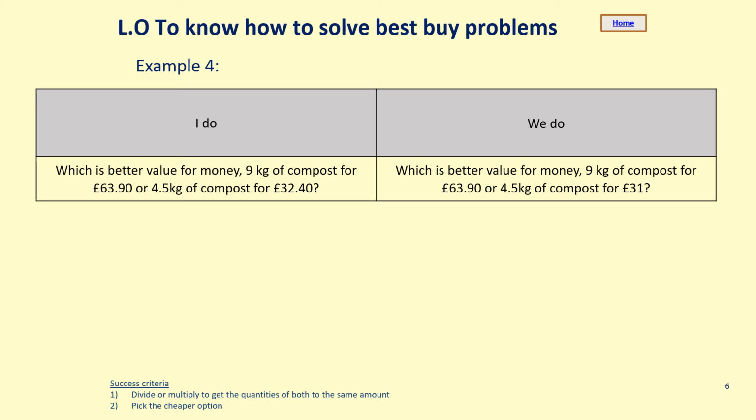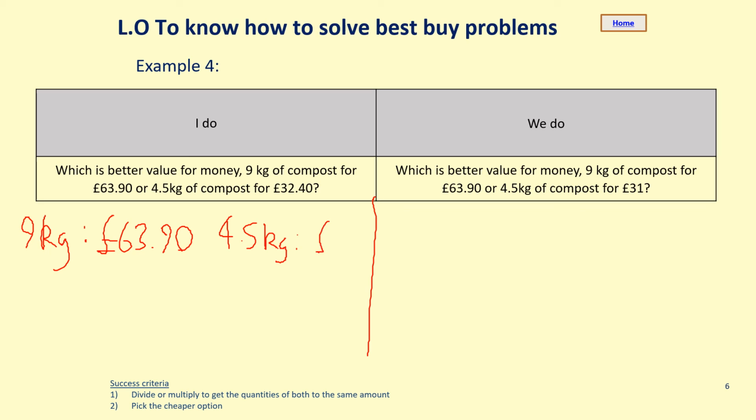So in this one, I'm just going to write those deals down to start off with. You might notice in the previous examples, we've always used the unitary method. And sometimes that is the easier method, but this example is a good example of when it's not. So this one has 9 kg for £63.90 or 4.5 kg for £32.40.